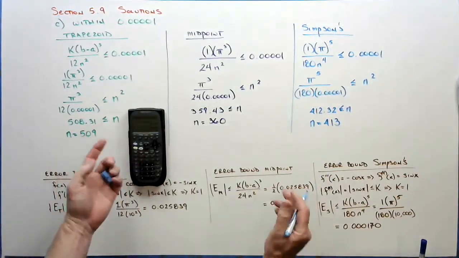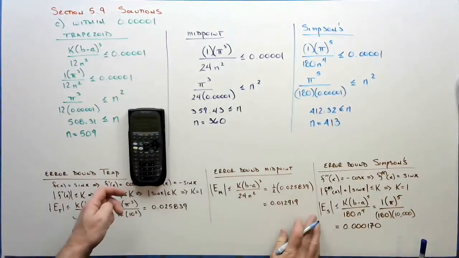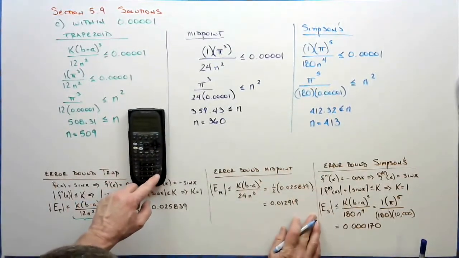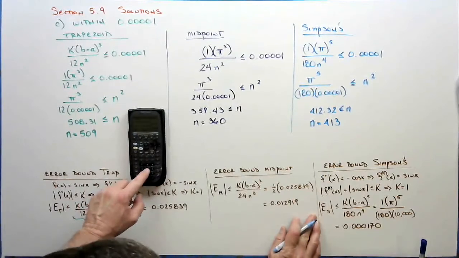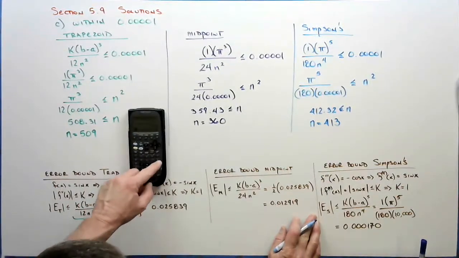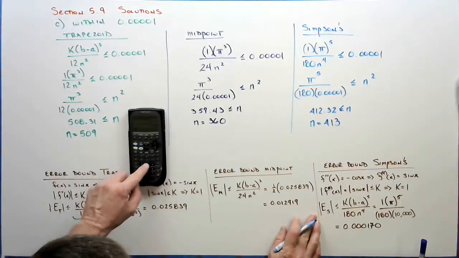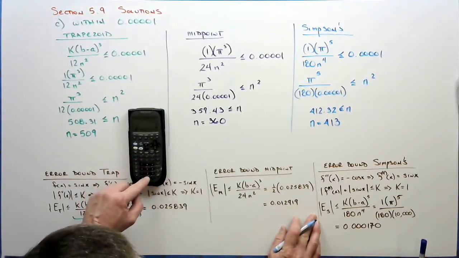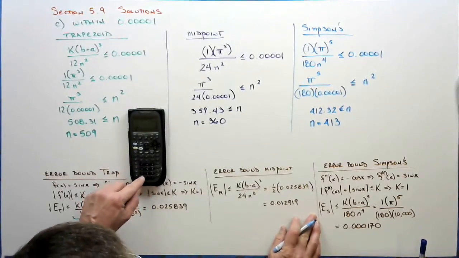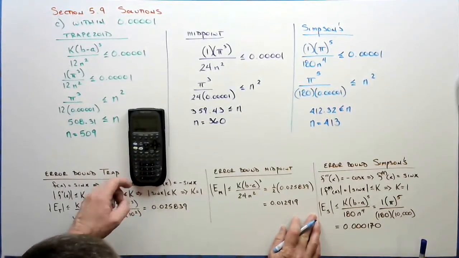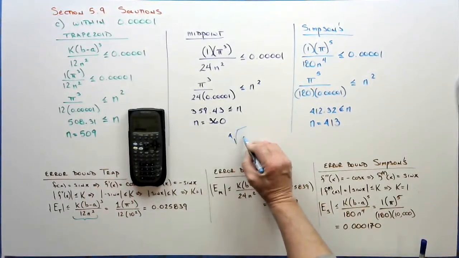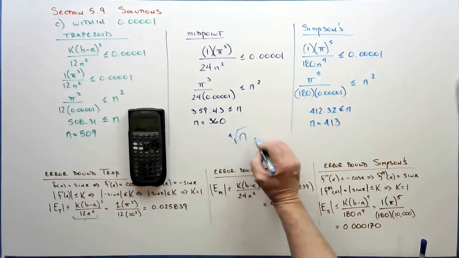I think it's right, but I don't know what buttons I pushed over here. So let's just make sure we get it right. So we get pi raised to the fifth divided by 180 divided by 0.00001 enter. And then we want the fourth root, right? The fourth root of n.